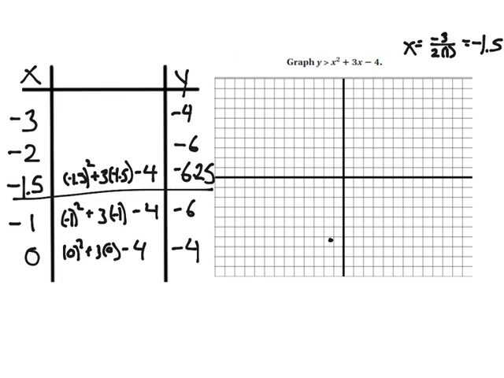And then -1, -6, which is right there, and then -2, -6 right there, and 0, -4 right there, and -3, -4 right there. And we draw our line.